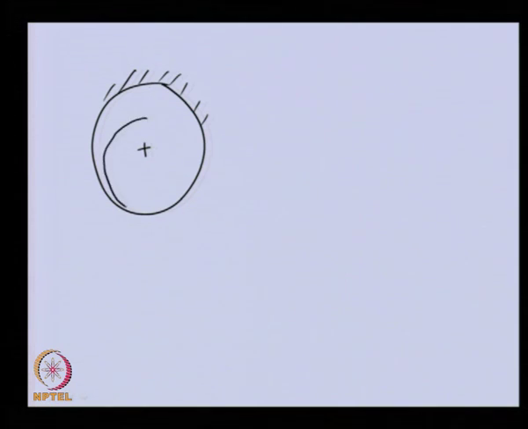So, let us take a hydrodynamic bearing, and in this bearing, this is the bearing center, and inside is the journal. When it is not rotating, we expect it will be resting at the bottom of the bearing, where omega is 0.